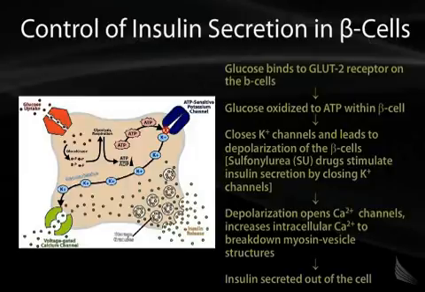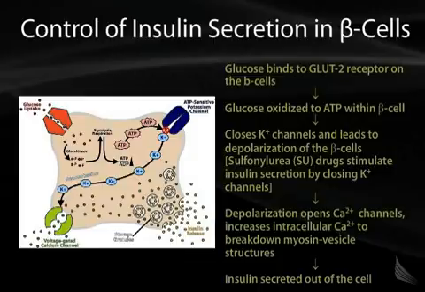Shown and depicted here is a schematic of the beta cell responding to exogenous glucose. When glucose levels go up in the blood, glucose is taken up into the cell by a glucose transporter. Glucose is then oxidized inside the cell by the process of glycolysis, which results in the generation of ATP. Generation of ATP raises the ATP to ADP ratio, which then closes the ATP-sensitive potassium channel.